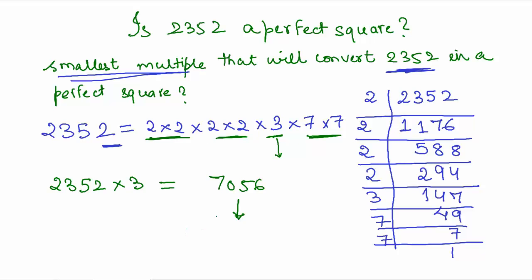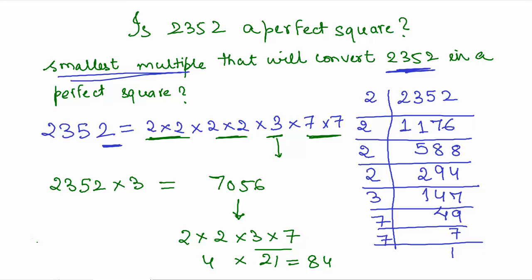So we would have the square root of 7056 as 2 times 2 times 3 times 7. If we simplify this further, 3 times 7 is 21, multiplied by 4 gives you 84.